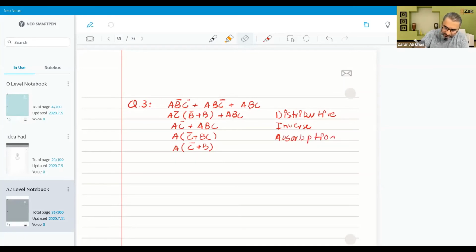So what absorption law does, if it is A plus A naught B, then it will become A plus B, and if it is A naught plus AB, then it will become A naught plus B. So same goes here, that C naught plus BC becomes C naught plus B. So this is your absorption law.